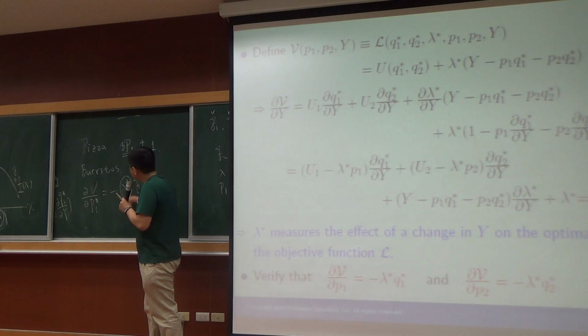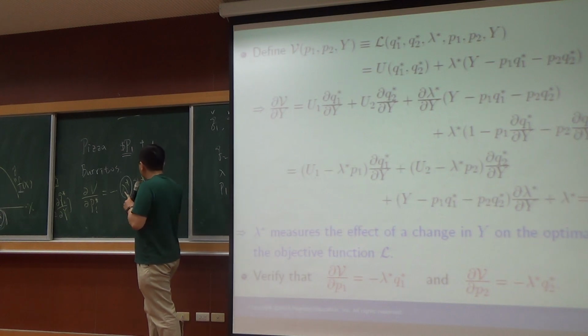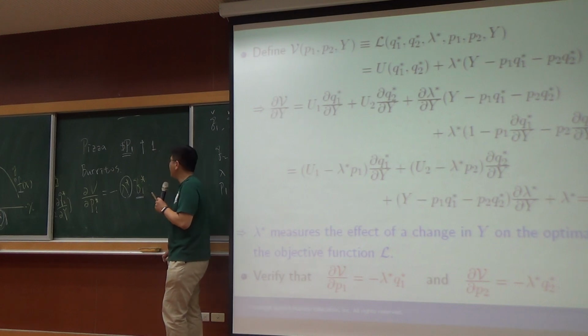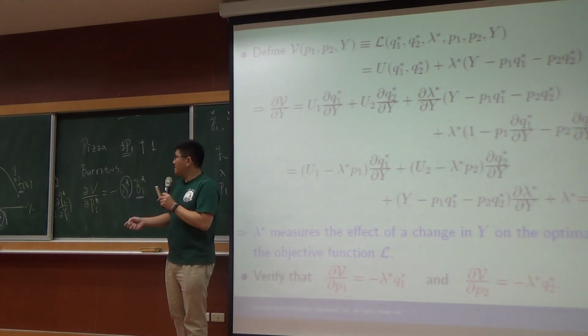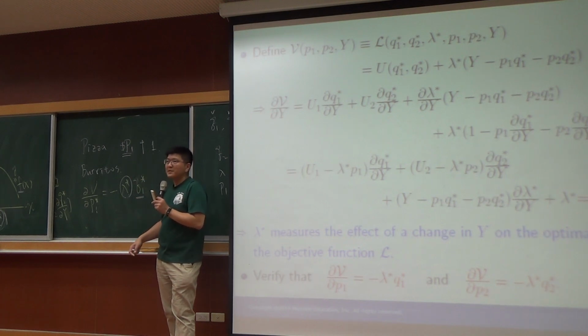Okay? So it's the marginal utility for $1 more. But how much or how many units we are affected? It depends on the level of the quantity of pizza you consume.